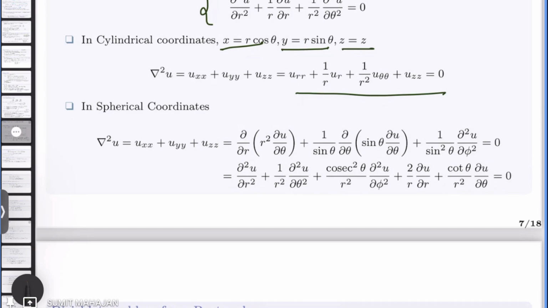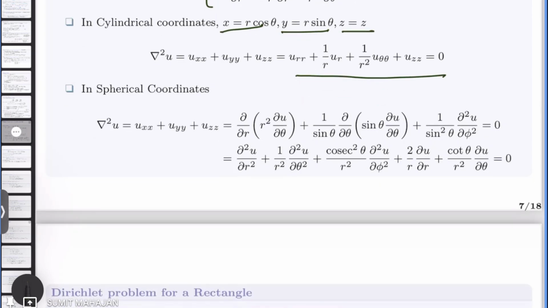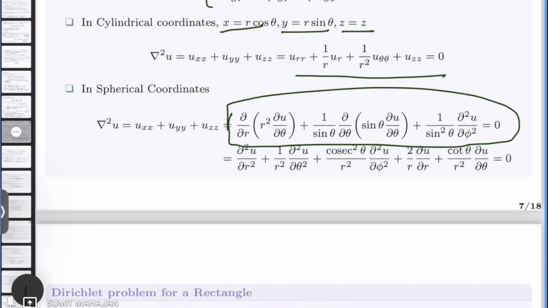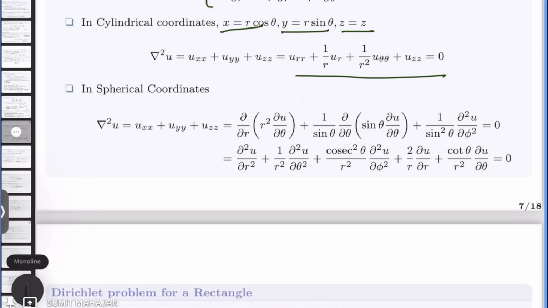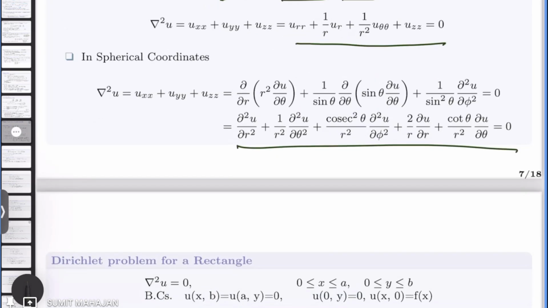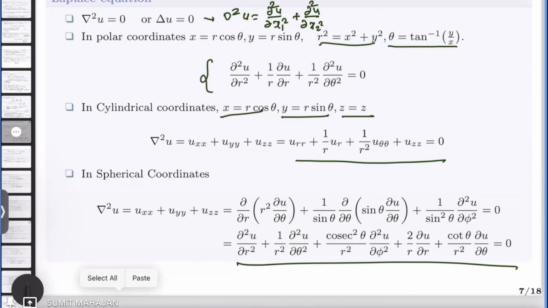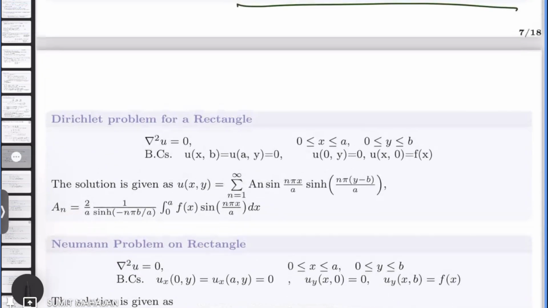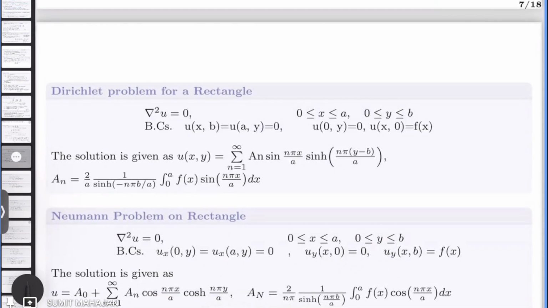I'll write it here. In that case, the equation is given by either this form, and if you expand this using the product rule of derivatives, then you get this equation, right? So these are the different versions of the Laplace equation.